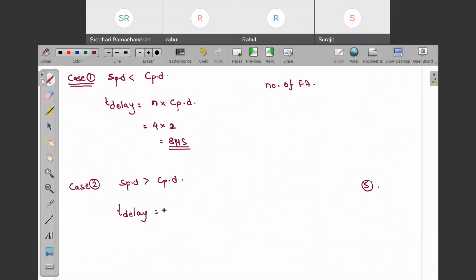So the generalized formula over here is (n minus 1) CPD plus SPD. So n over here is 4, minus 1, into 1, plus SPD, which is 2. So this is 3 plus 2, 5 microseconds. Okay. So this is what we get as an answer also.